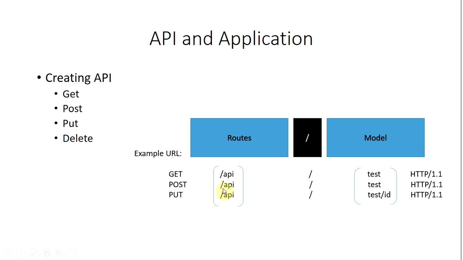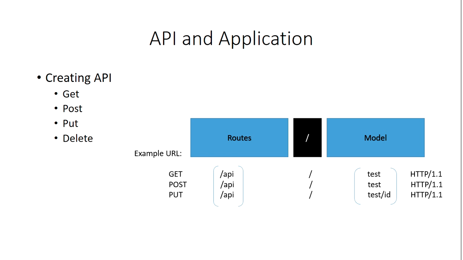In post, we send data from the body, and it's stored in the database. And there is a put method and delete method also. From put method we can pass the ID of the element which we want to modify.